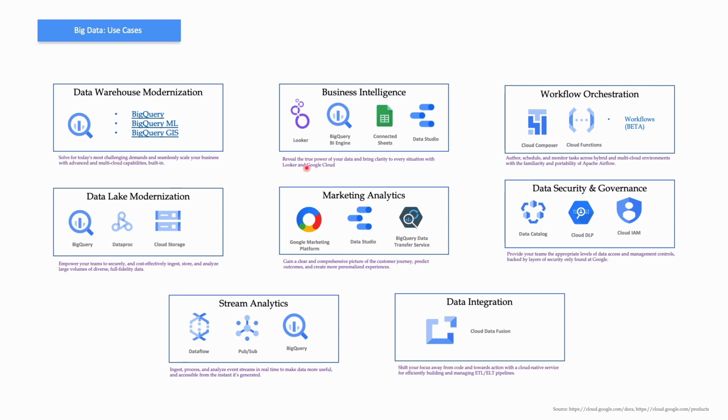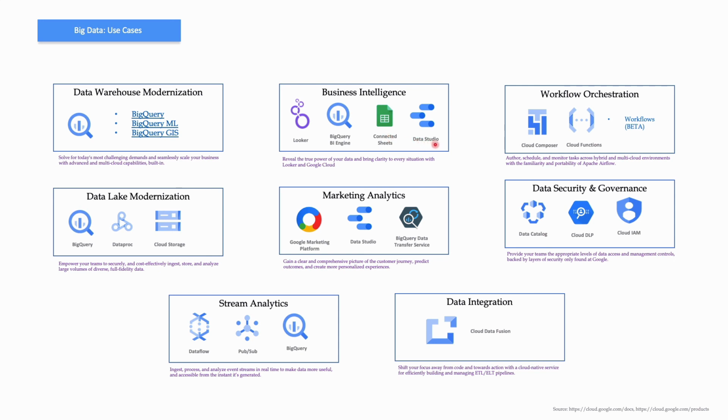Business intelligence to reveal the true power of your data and bring clarity to every situation with Looker and Google Cloud. So you can use Looker, BigQuery BI engine, connected sheets, which can connect to BigQuery to query against massive data sets.